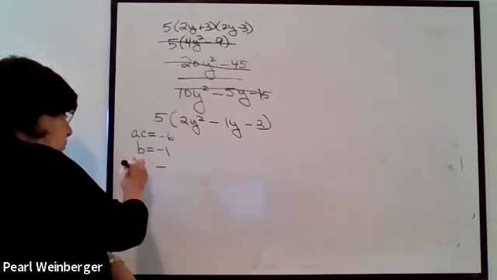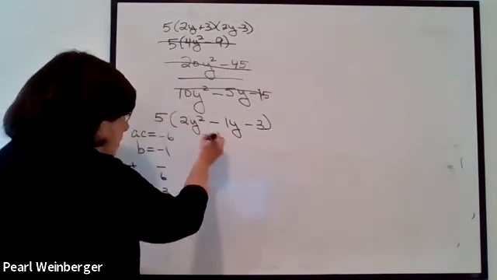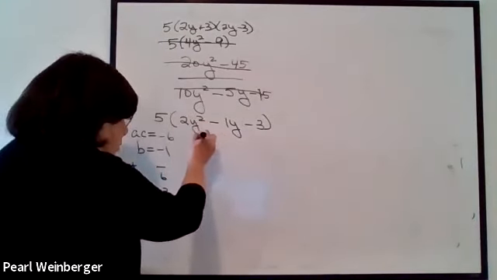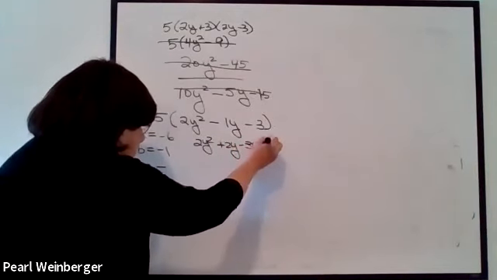It could be 1 and 6, but that's not going to be good, because when I combine a 1 and a -6, it'll give me -5. So the next combination I can think of is 2 and 3. And notice when I have a +2 and a -3, they combine to -1. So that's the combination I want. So this is now becoming 2y squared plus 2y minus 3y minus 3.